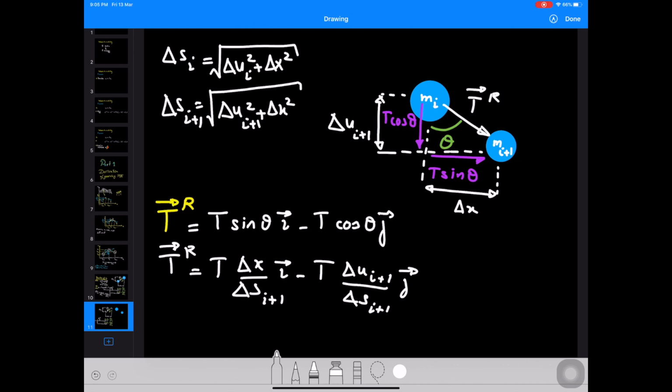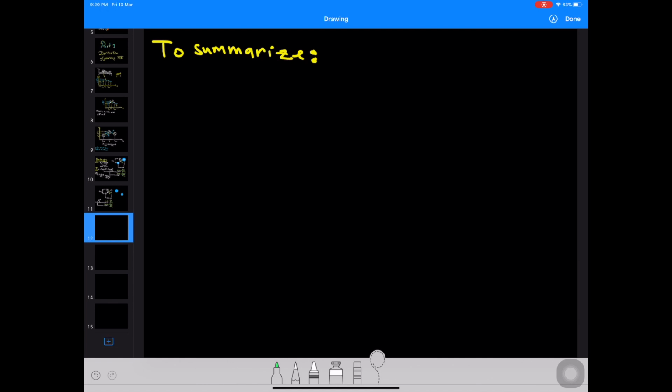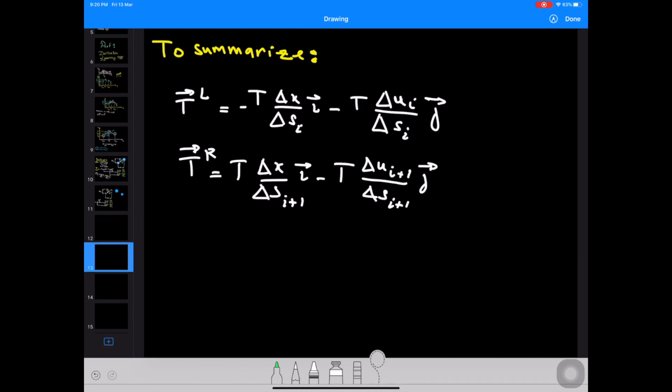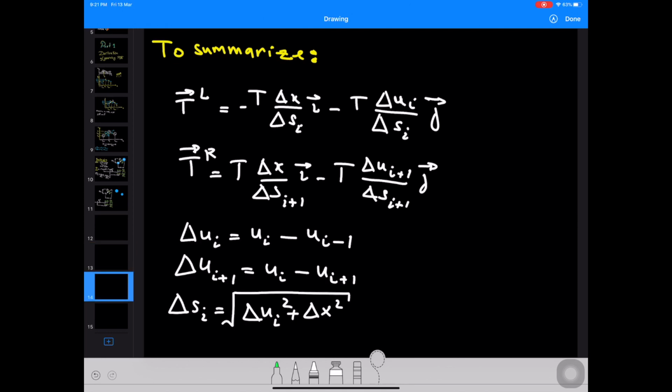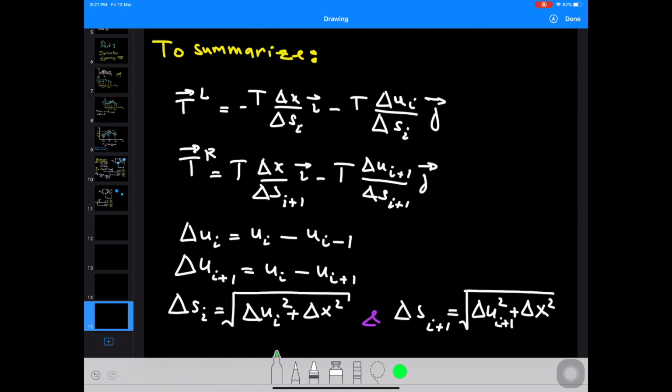So to summarize, we have developed the equations for the tensile force on the left side and the tensile force on the right side. So we decompose them into components on the x and y axis. We have also these helpful equations for the difference in the vertical displacement between two consecutive point masses, and this is the last one.